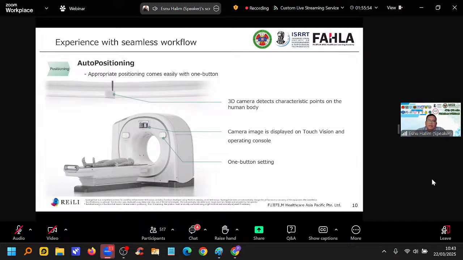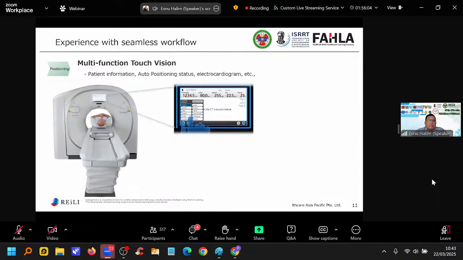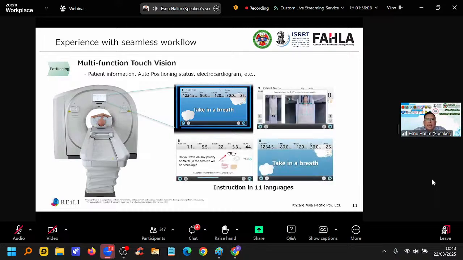Auto positioning: we have a new 3D camera to detect points of the human body. The camera image is displayed on the vision, and then it's just a one button setting. For patient safety, we have all this with the guidance so that we can save a lot of things here. Safe for the patient itself, make sure it's the right patient on the table.